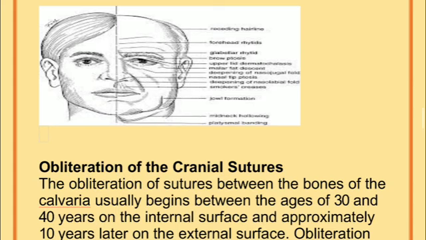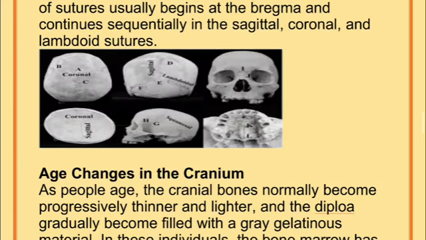Obliteration of sutures usually begins at the bregma and continues sequentially in the sagittal, coronal, and lambdoid sutures. Right here you can see an illustration showing the obliteration of cranial sutures.